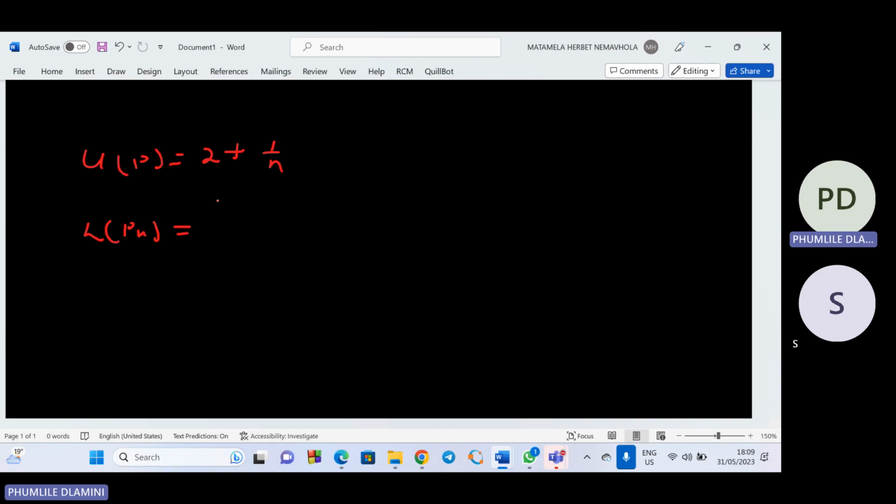It's going to be equal to the sum from k equals 1 to n, whereby we're going to have 1 over n as a multiple of, in brackets, minus 2 times k over n, plus 3.